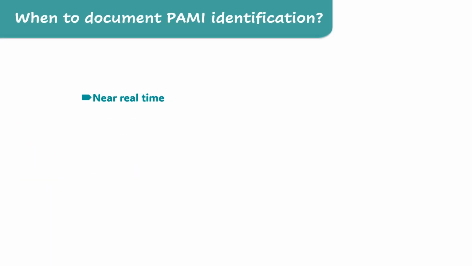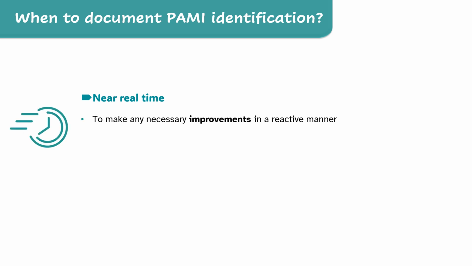The recommended approach to document PAMI identification is to do it near real time as opposed to documenting it on completion. This offers major benefits. First, documenting each step while it is being undertaken allows for near real-time improvement as needed.